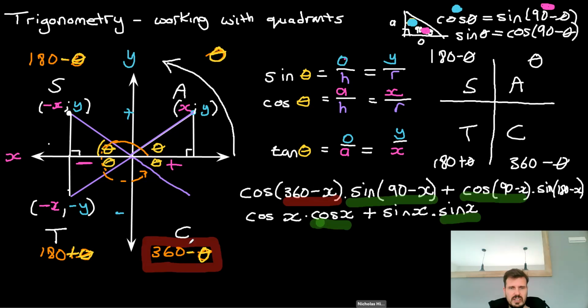So we look at the C, where cos is positive, and so therefore we know this must be positive. Okay. And then when we look at the other one, let's use this slide.